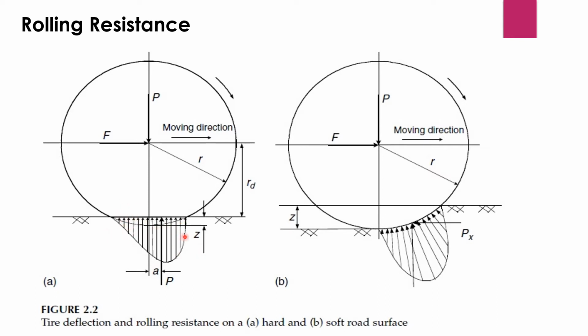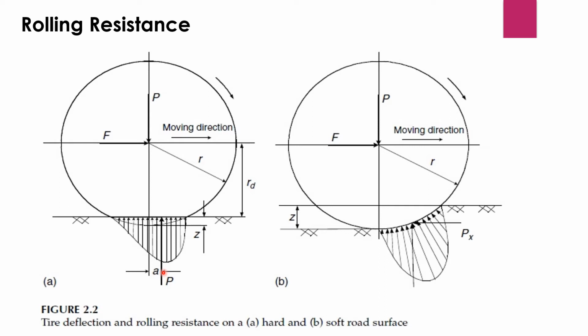The pressure in the leading half of the contact area is larger than the trailing half. This phenomenon results in the ground reaction force shifting forward. This forwardly shifted ground reaction force with the normal load acting on the wheel center creates a moment that opposes the rolling of the wheel.